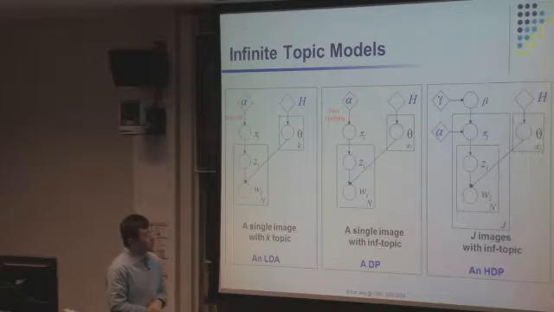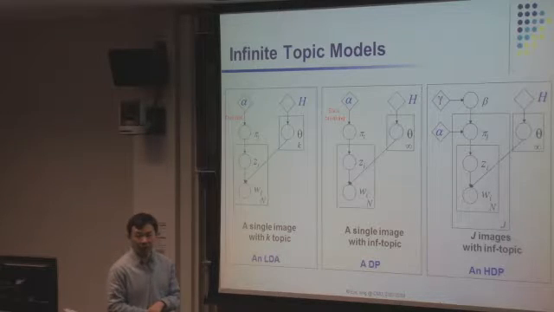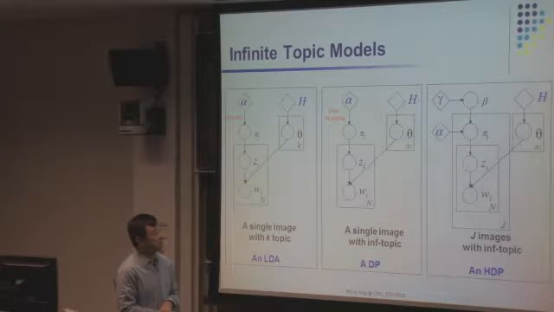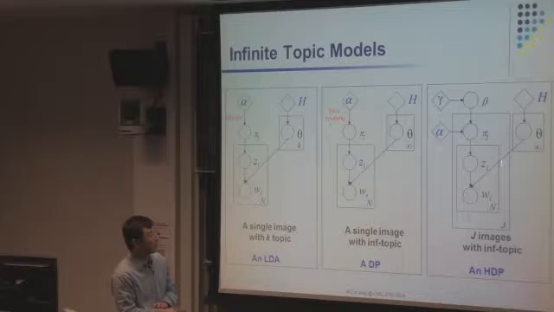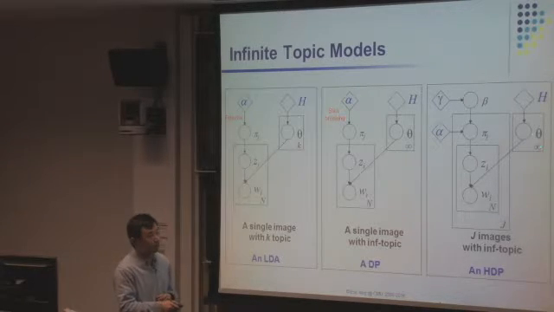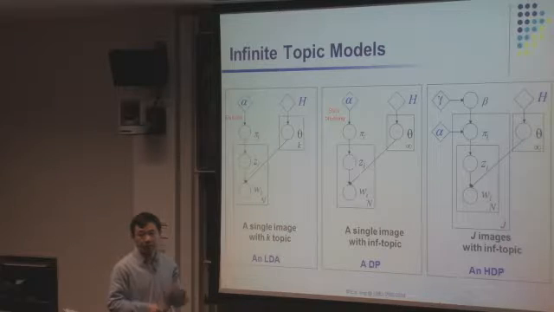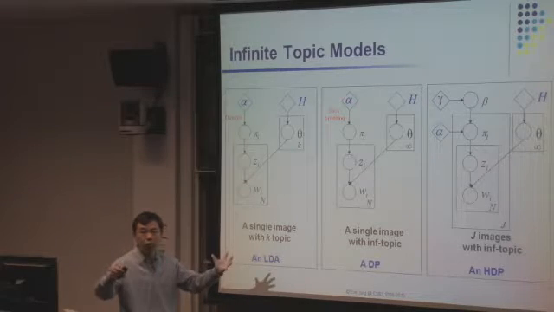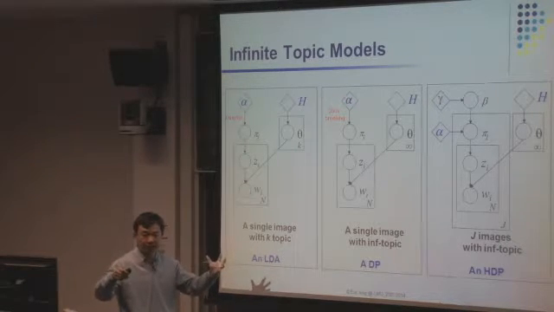And therefore, here is the HDP graphic model I drew before. What they did is now to somehow generate a pool of infinite topics, use the upper level Dirichlet process to make a discrete pool of infinite possible topics.